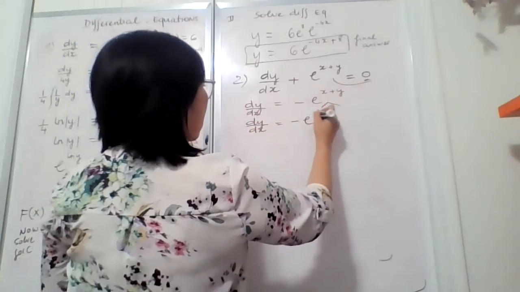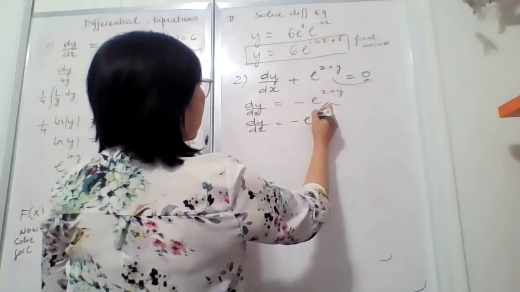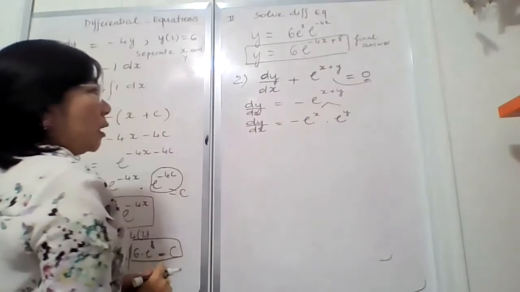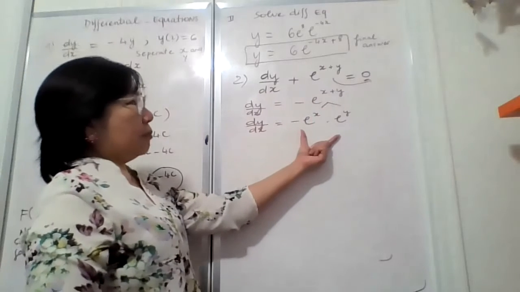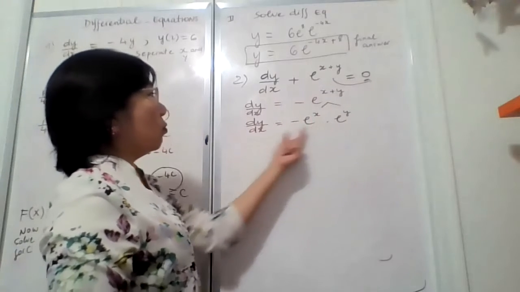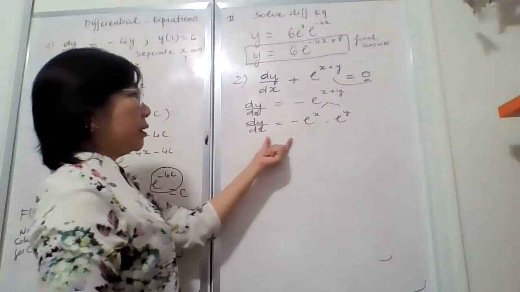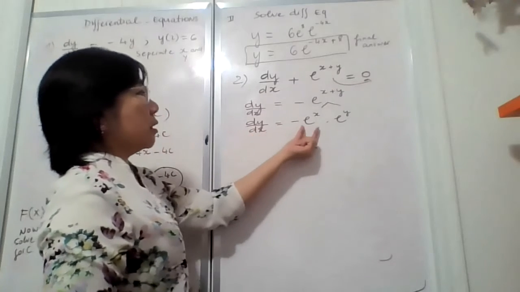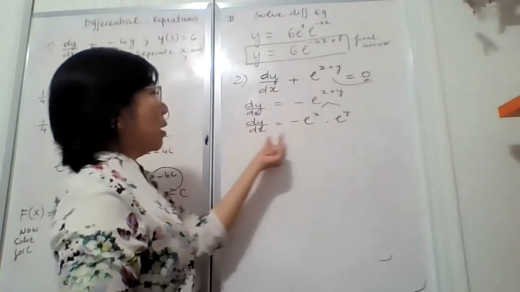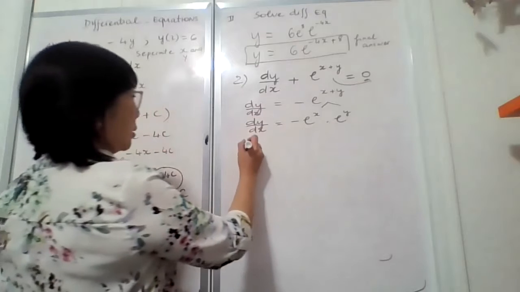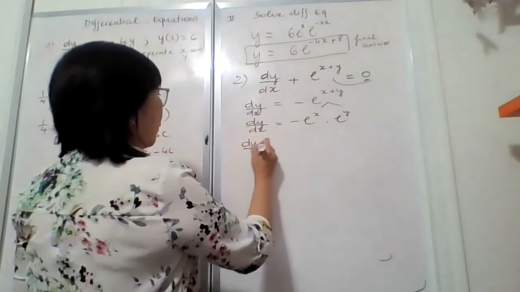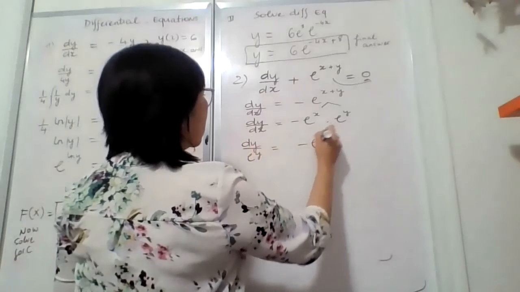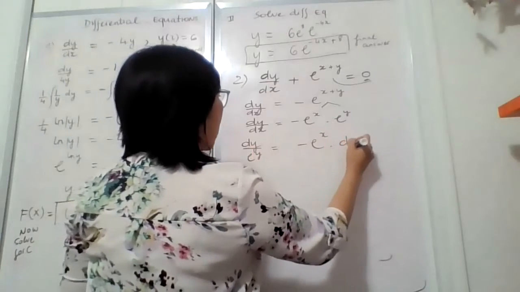Separate this equation to become minus e to the x times e to the y. Now, why do I do it like this? Because I want to bring all the y together with the y and separate the x with the x together, right? So I'm going to kick the dx up here. I'm going to bring the e to the y down here, okay? So dy divided by e to the y will be equal to minus e to the x multiplied by dx.